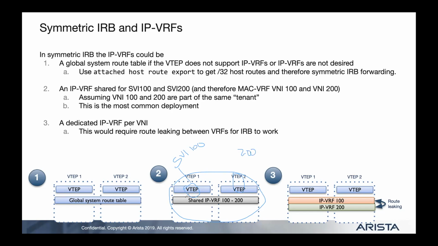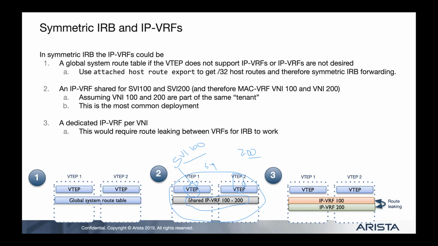We used a common shared IP VRF to communicate between SVI 100 and 200. But there are other ways to implement the same thing. Your end goal is to communicate between VLAN 100 and VLAN 200 hosts, with symmetric IRB, where SVI 200 is not present here and SVI 100 is not present there.